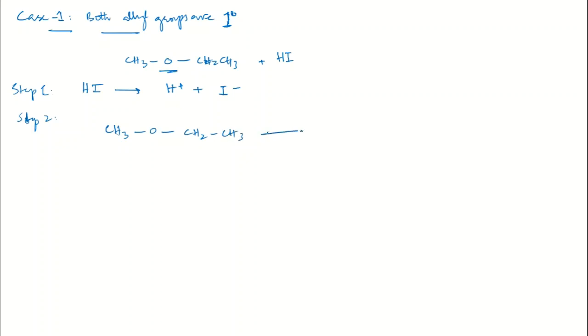There is a lone pair of electrons present on this oxygen, and it will take the proton, and we will get CH3O+HCH2CH3. This is the protonated ether that we have obtained in this step, and we have a positive charge on oxygen.